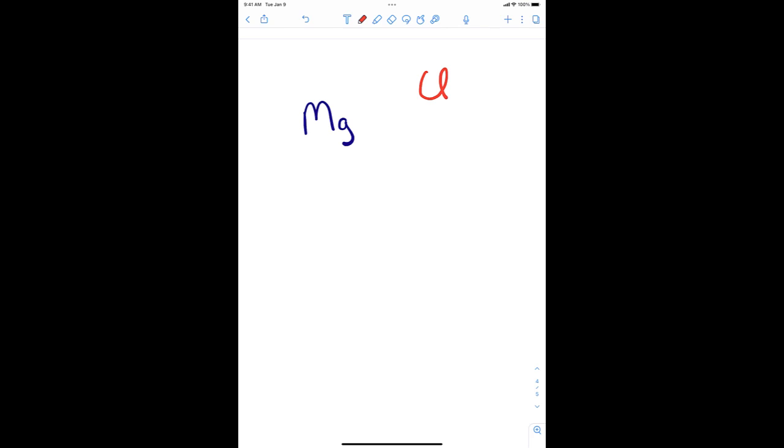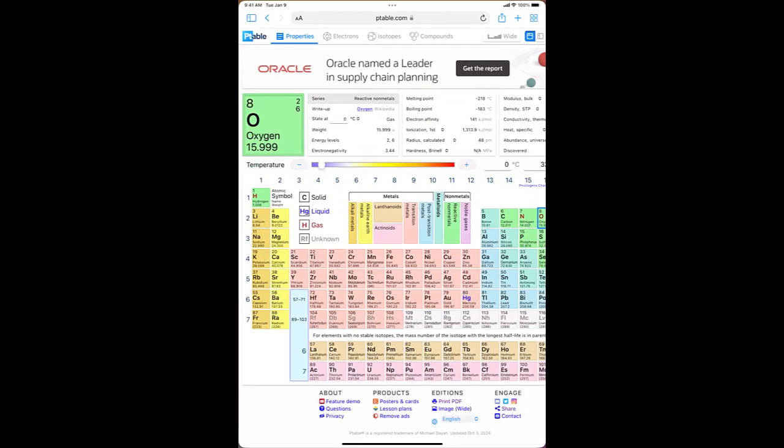And then the next thing that we need to do is go to our periodic table. Okay, so if we go to our periodic table and we find magnesium, magnesium's right here on the periodic table, number 12. And being in group 2, it has 2 valence electrons.